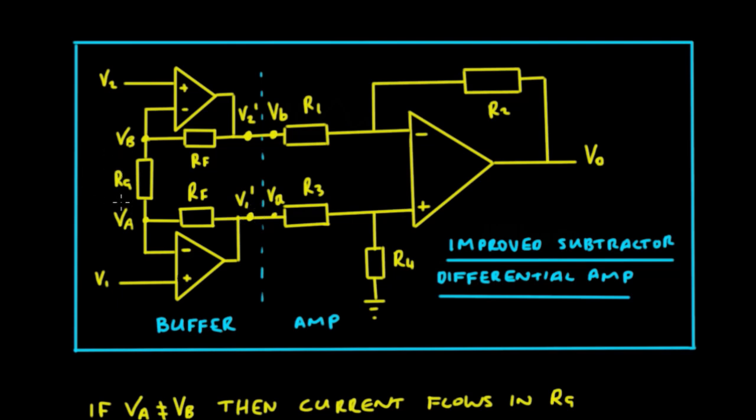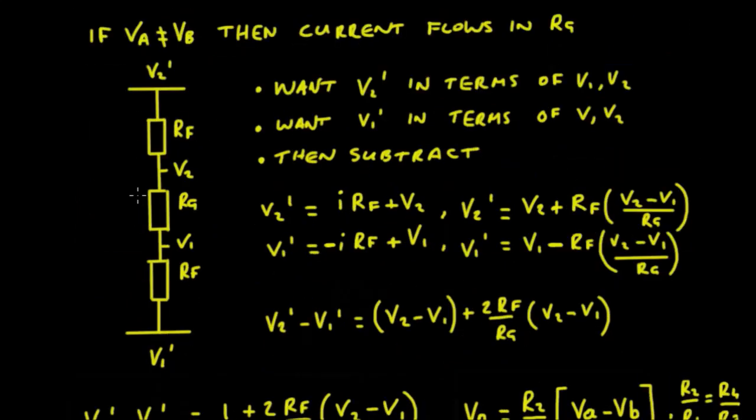Now if VB doesn't equal VA, there must be a current down through that resistor RG. So let's have a wee look. We'll split that up just like that. We've got V2 dash going down through RF onto RG and through the other RF back to V1 dash, and the voltage across that RG is the difference of the input voltages V1 and V2.